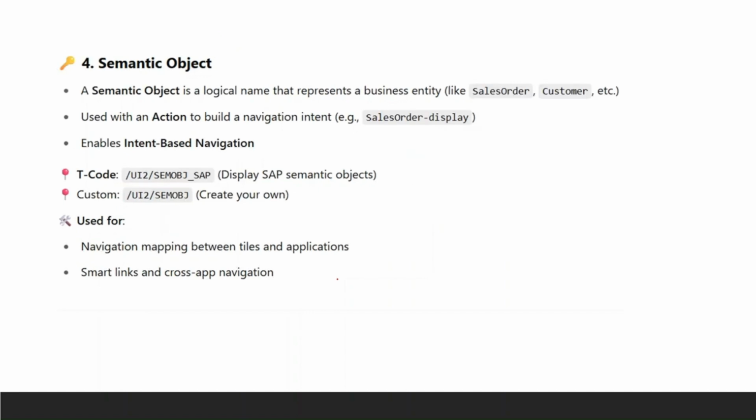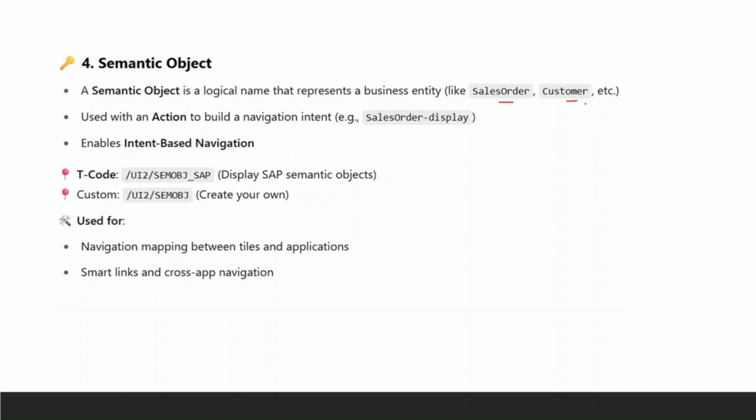Coming to the next, that is semantic object. The semantic object is just a logical name that represents a business entity like sales order, customer, purchase order, employees, etc. It represents a business concept basically. SAP uses intent-based navigation, which means it pairs a semantic object with an action.